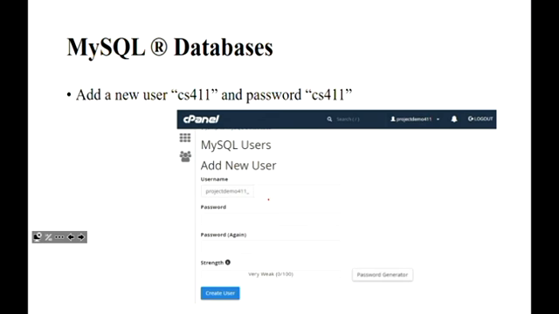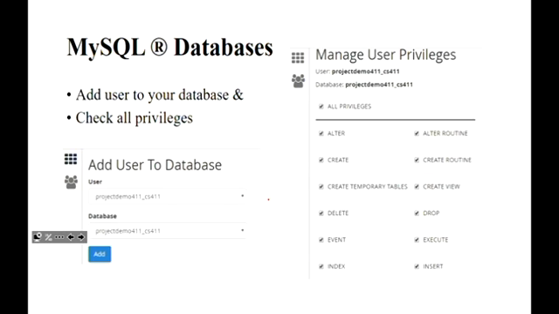I would suggest keeping the same name for this demo purpose, CS411, and use the password CS411. After that, add the user to your database and grant all privileges to that user. Make sure you check all privileges once you're adding that user to your database.